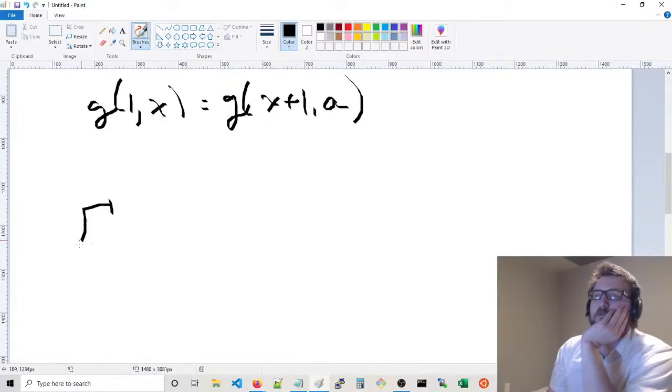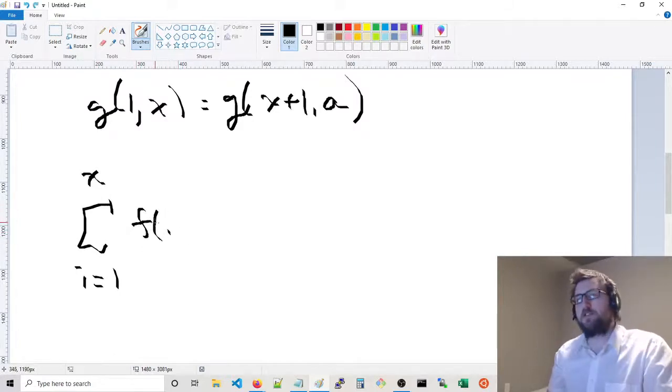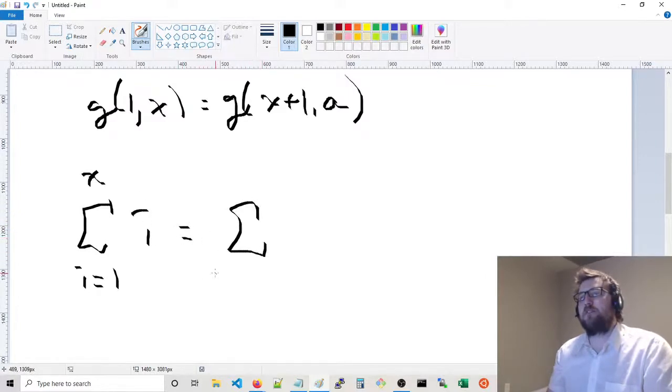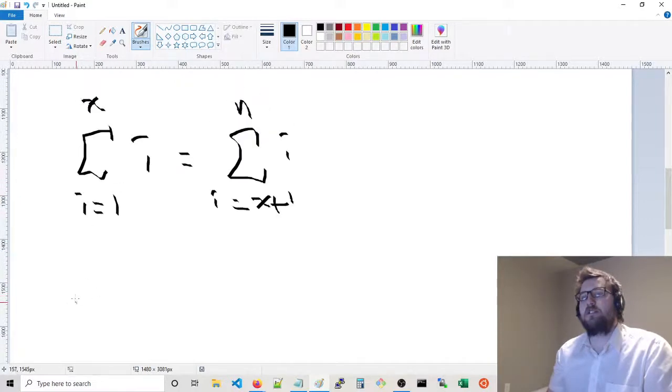So I want to say something like the sum, i equals 1 to x of, call it f of i, or it's just i really, is equal to the sum of i equals x plus 1 to n of i. And naturally this is x times x plus 1 over 2.